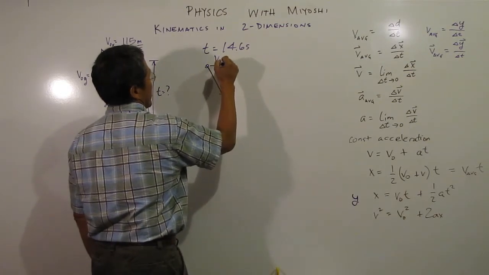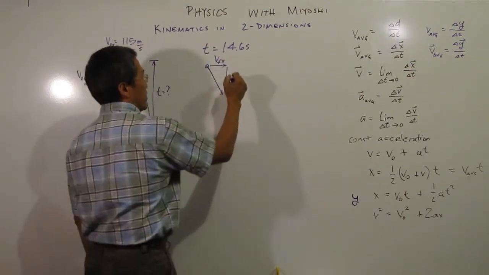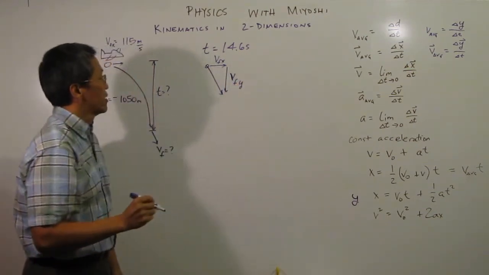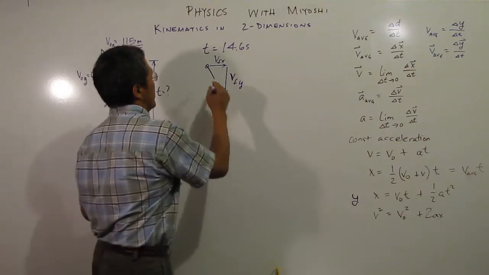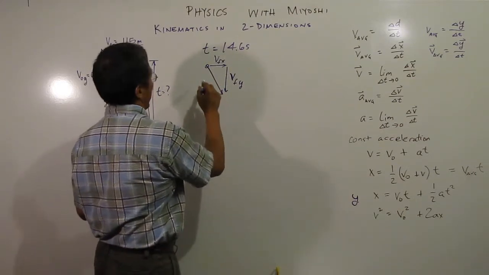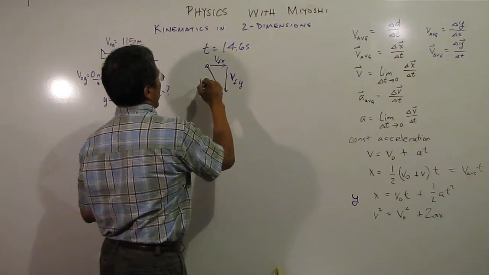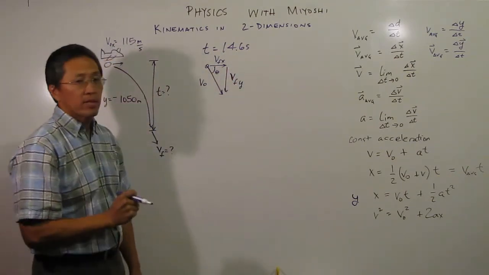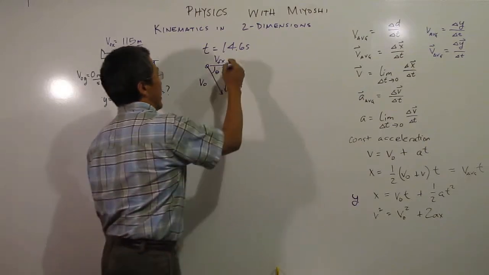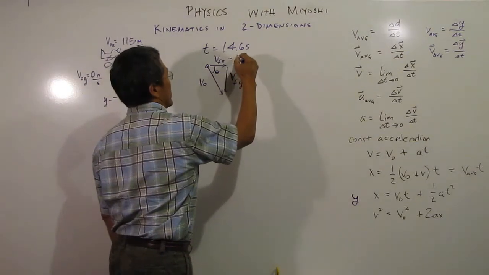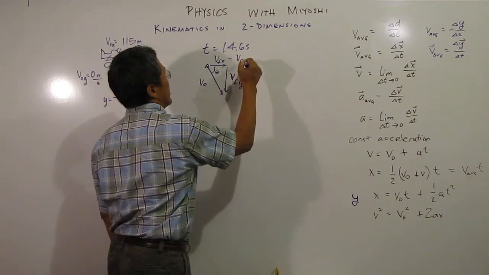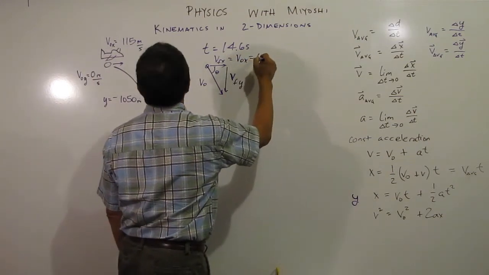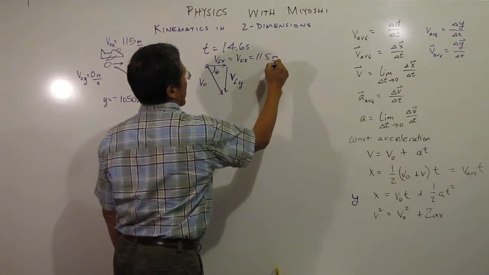This is my v final in the x direction, and this is my v final in the y direction. This is what we're trying to find: the v final, with an angle theta. We know our initial x velocity is going to be the same, so that's the same as v0x, which in this case was 115 meters per second.